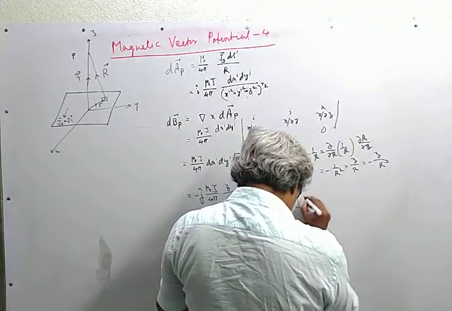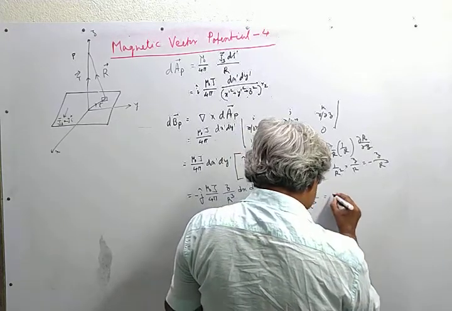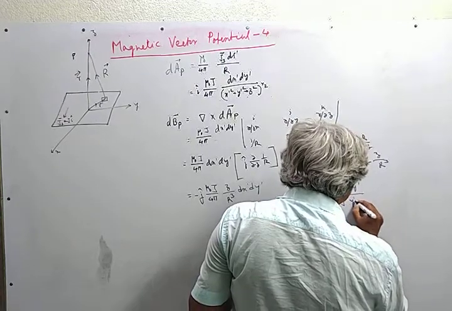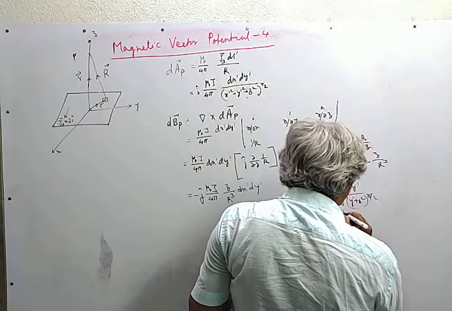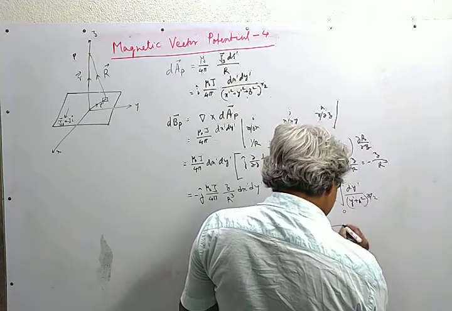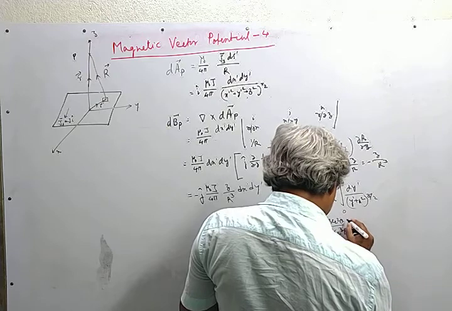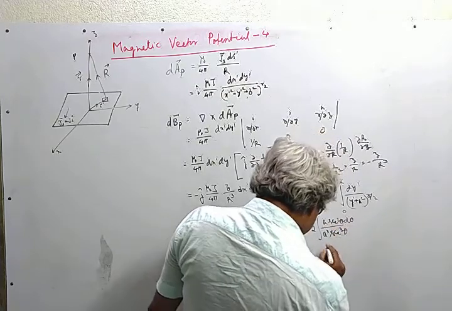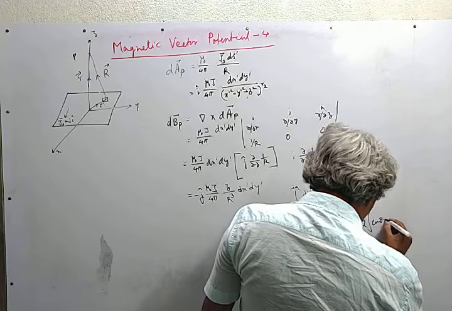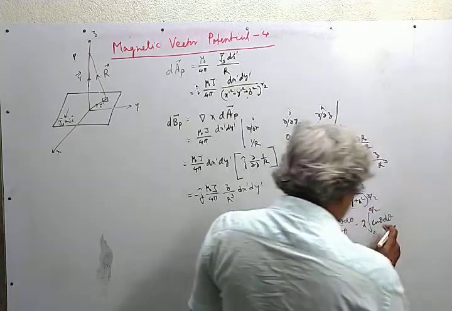For example, if we perform this integration over 1 by r cube from minus infinity to plus infinity, this is twice the integral of dy prime by (y prime square plus a square) to the power 3 by 2 from 0 to infinity, and this is equal to twice, a cube sec cube theta in the denominator and a sec square theta d theta in the numerator from 0 to pi by 2, which is twice the integral of cos theta d theta from 0 to pi by 2, and this will be sin theta.